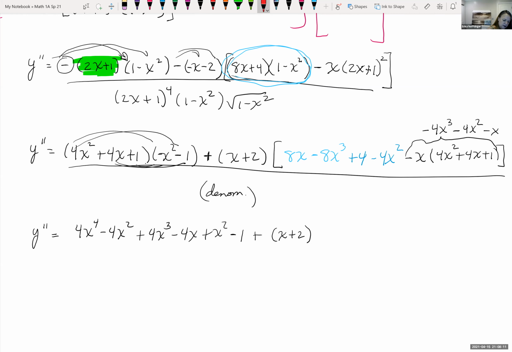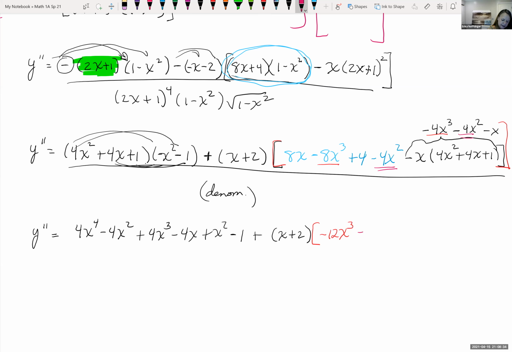So let's combine what we have, like terms. So let's start with the cubes. I have a negative 8x cubed minus a 4x cubed. That's a negative 12x cubed. Let's go to the squares, a negative 4x squared and a negative 4x squared.